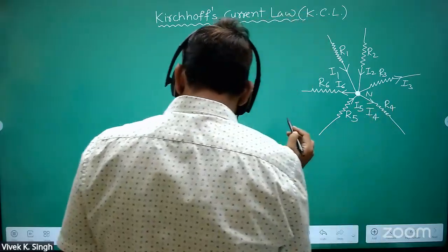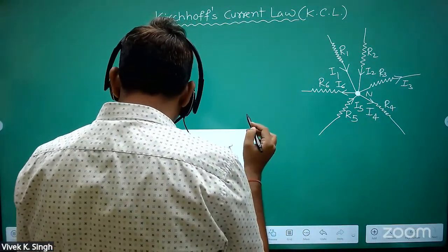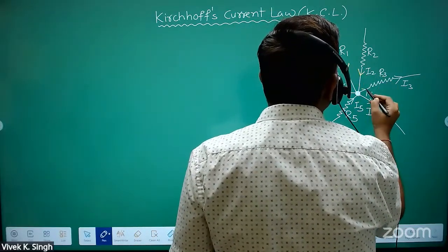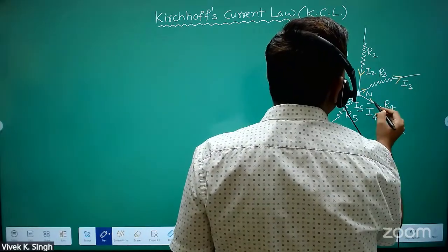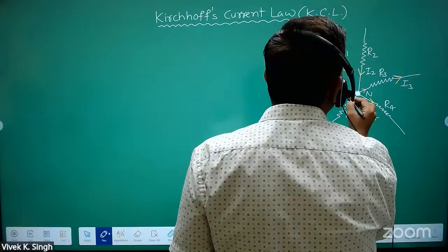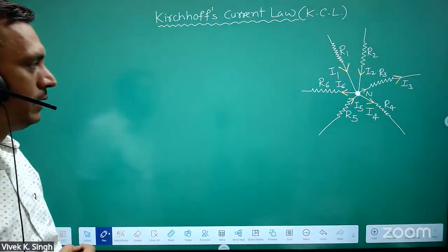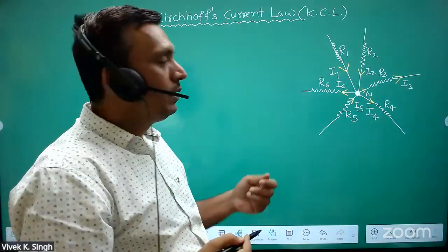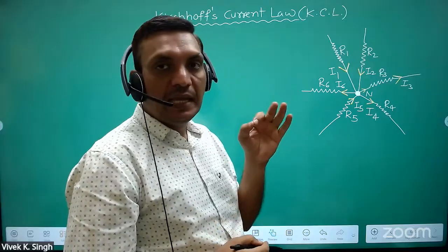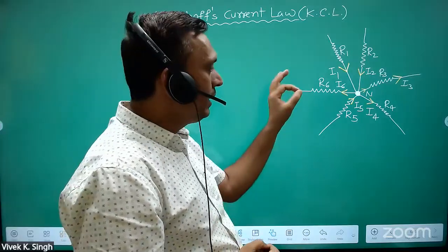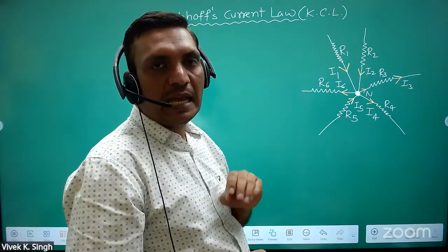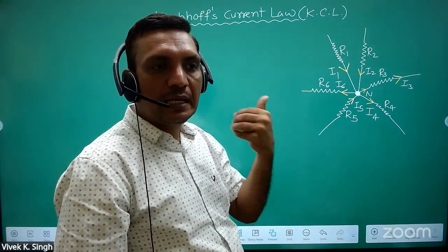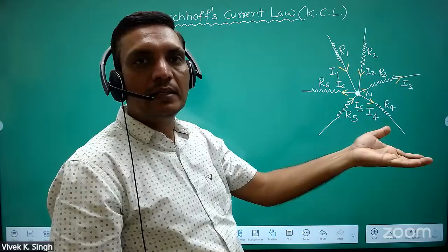So I have shown the direction of currents. Let's see, this is the direction of I1, I2. This is the direction of I3. These are the direction of current in different. So at any node, according to Kirchhoff's, the algebraic sum of current entering any node is 0. Algebraic sum means you have to consider the sign also, plus and minus, whether current is entering the node or current is leaving the node.